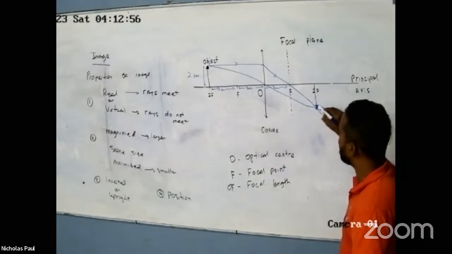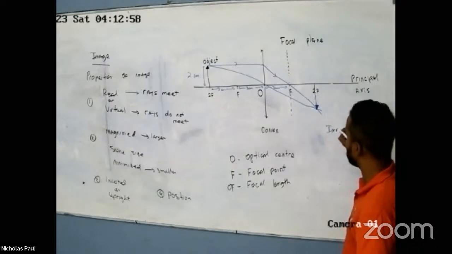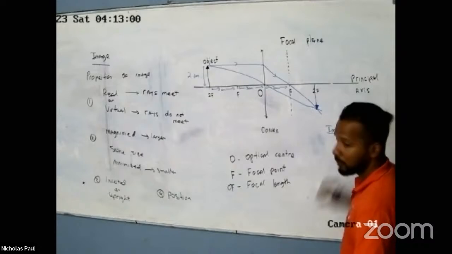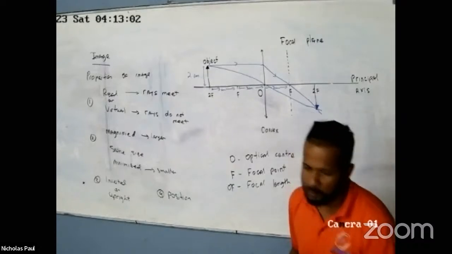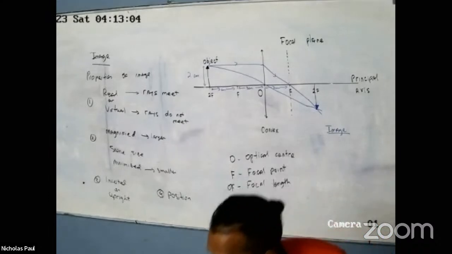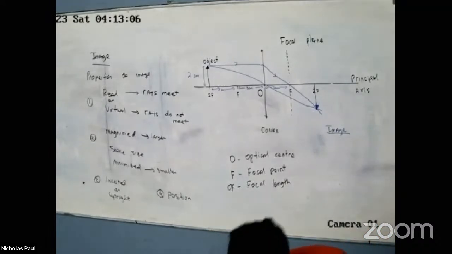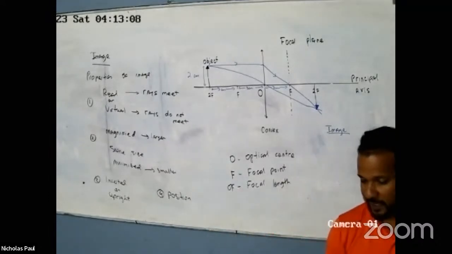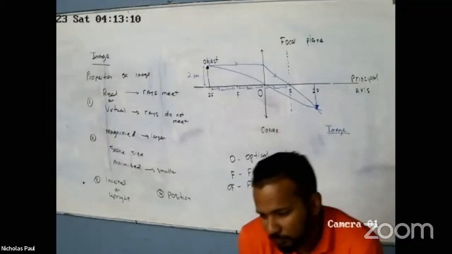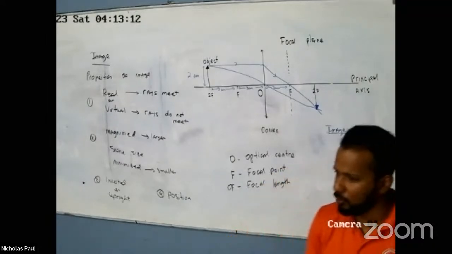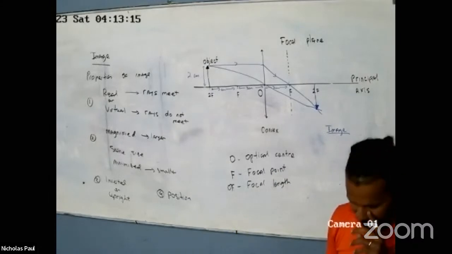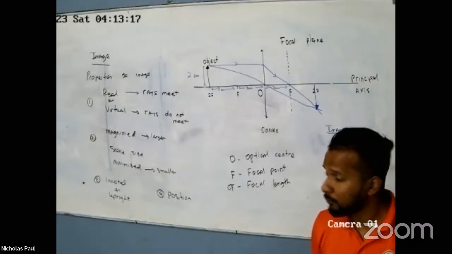Then we're going to describe the image now. It's not perfect, but it's supposed to be at 2F. Anybody online got theirs at 2F? 2F, very good. That's wrong. Totally wrong.